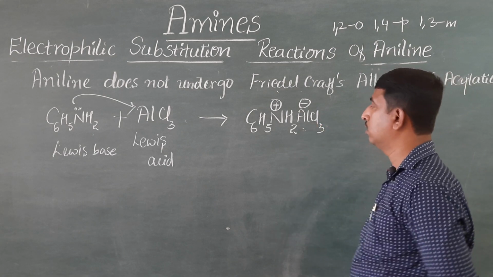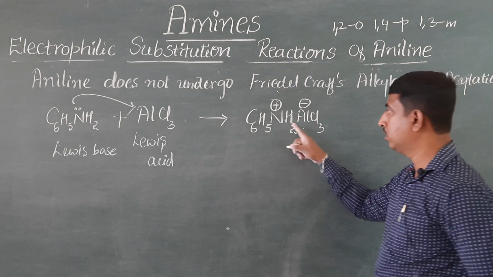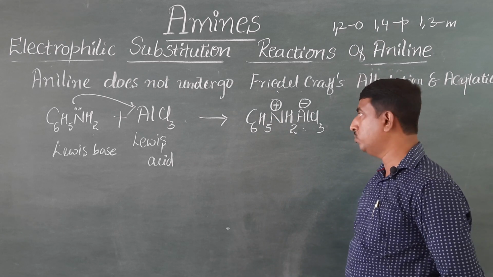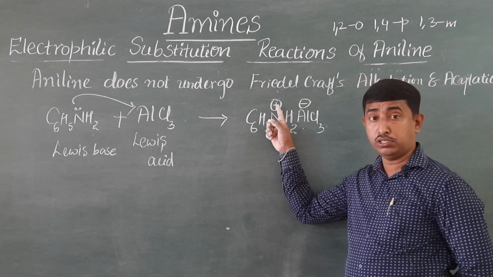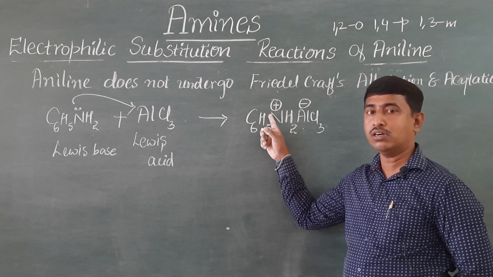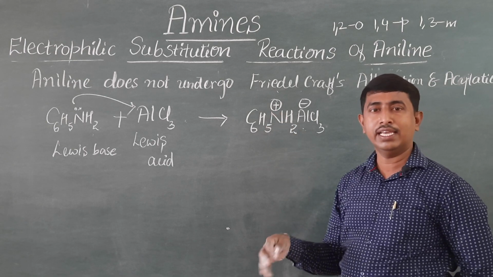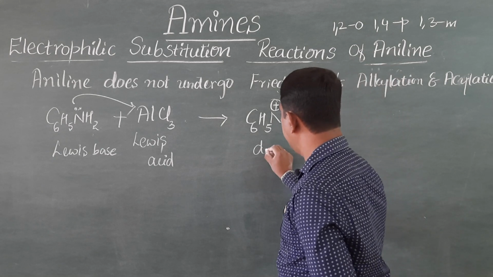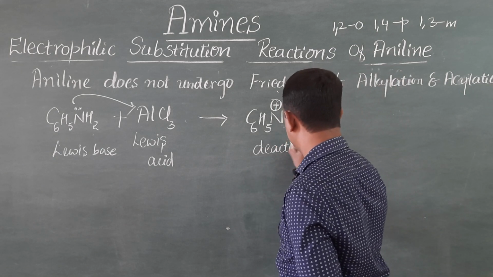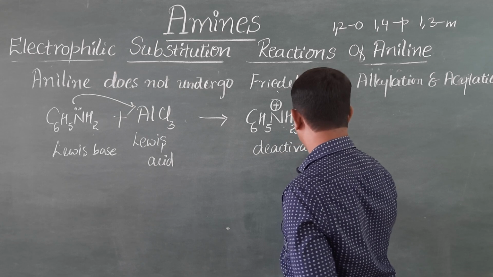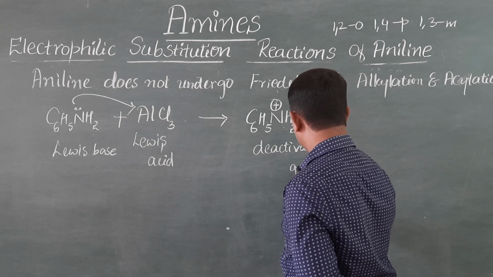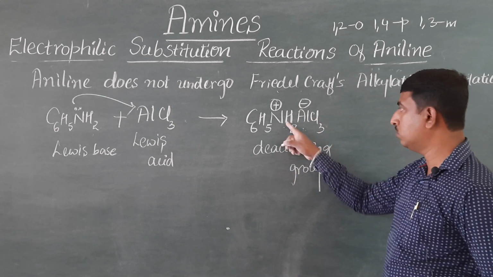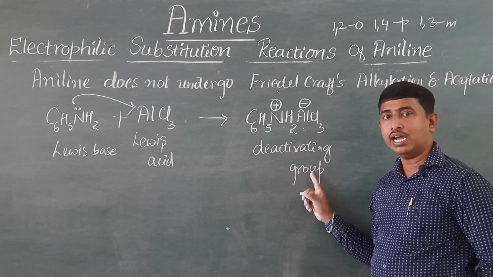This is the salt. See, in this compound, nitrogen carries positive charge. So because of this positive charge, or due to electron deficiency, it cannot activate the benzene ring, or rather it deactivates it. This becomes a deactivating group because of the presence of positive charge upon nitrogen.